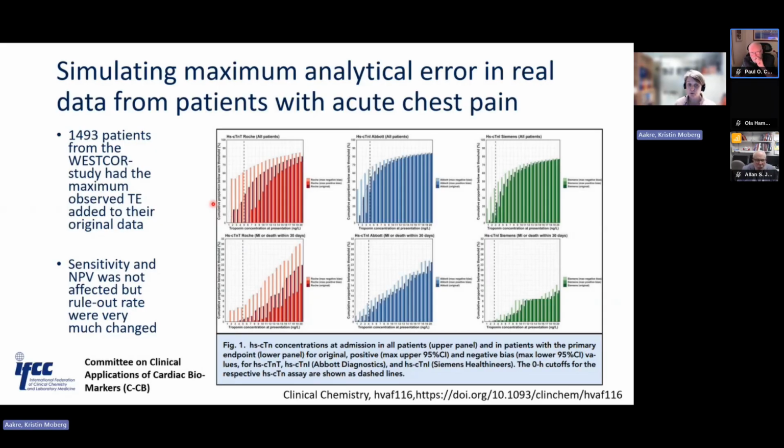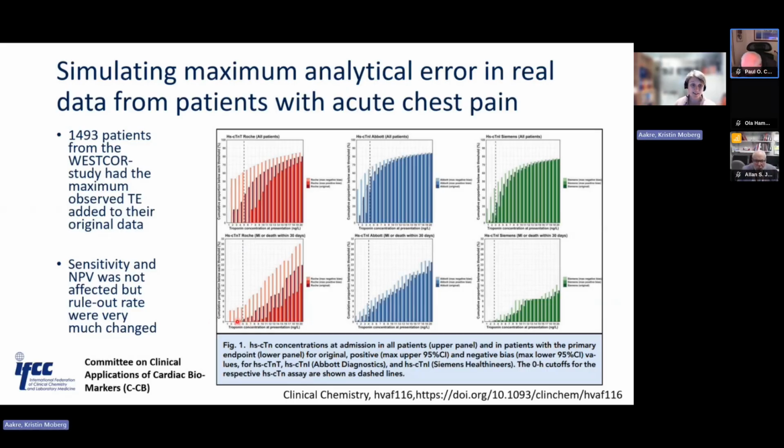And the reason is, of course, that very few patients, here are the STEMI patients, very few of them present with these low concentrations. So they are so few, so it doesn't matter how you manipulate the low concentration.